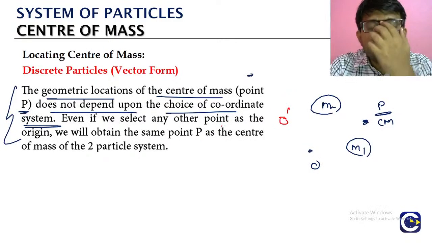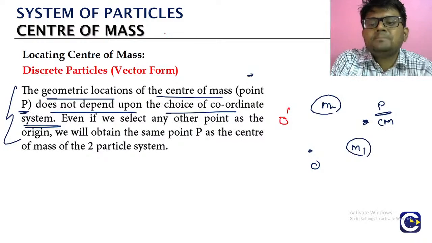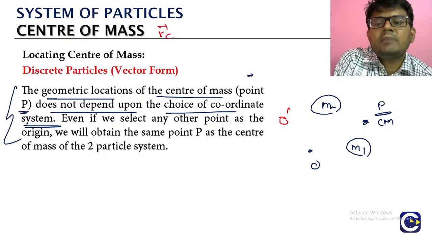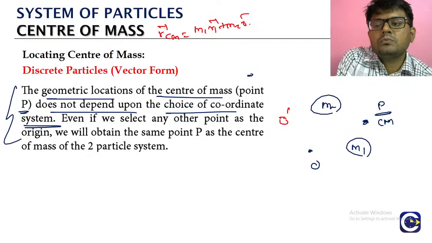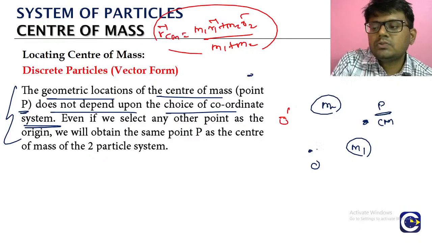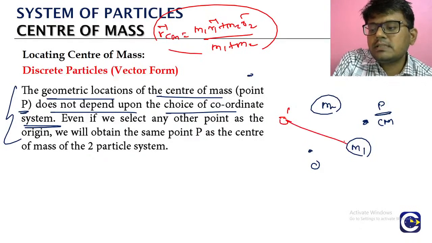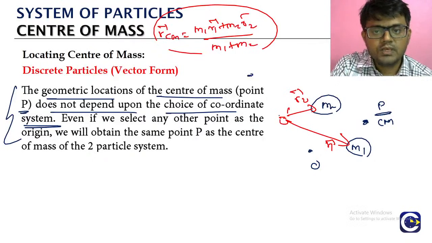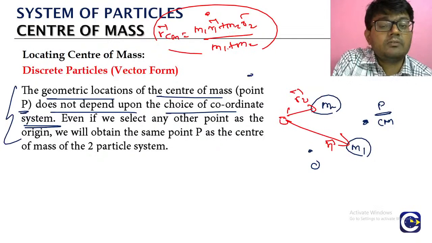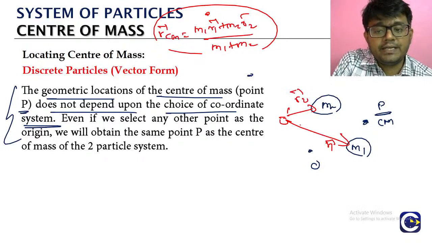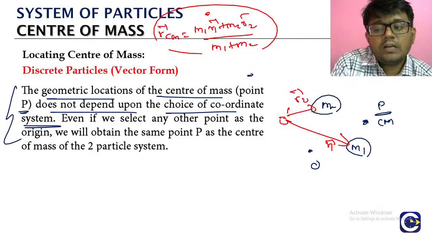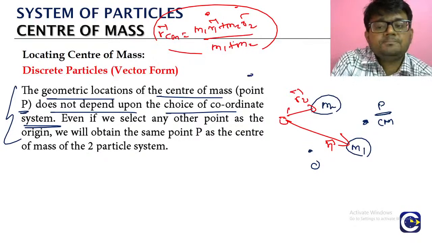Look at the formulas we had. What is the formula for the center of mass position vector? We were using m1r1 plus m2r2 by m1 plus m2. So if you change the origin, r1 bar will change, and r2 bar also will change. r1 bar is the position vector of particle 1 with respect to the origin, and r2 bar is the position vector of particle 2 with respect to the origin; both of them will change.